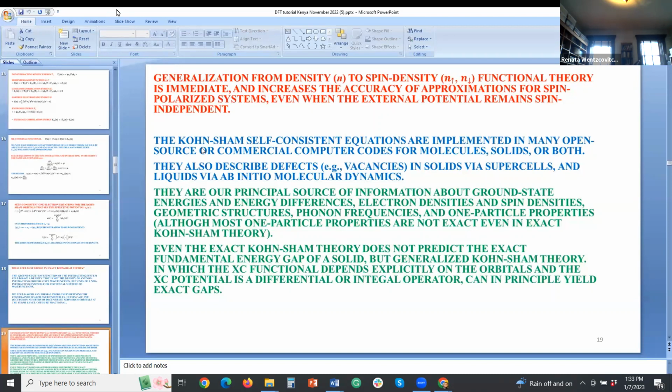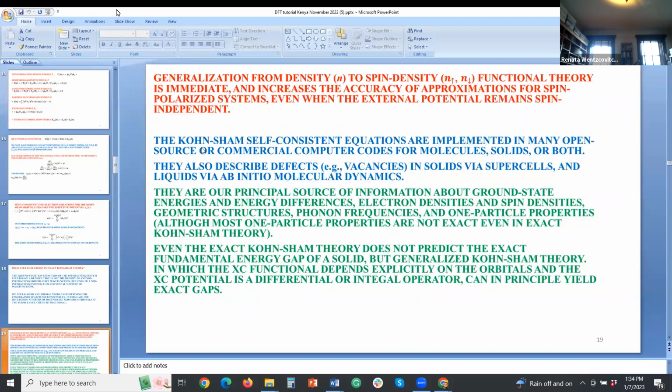Even though the one particle properties are not exact even in the exact Kohn-Sham theory. And the one that one would most like to have exact is, in fact, the fundamental band gap in an insulator or a semiconductor. Even the exact Kohn-Sham theory does not predict the exact fundamental energy gap of a solid.